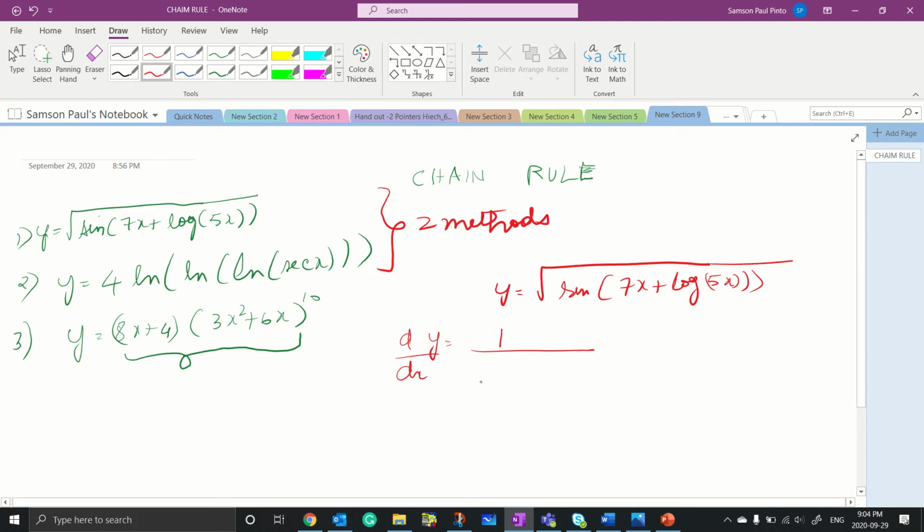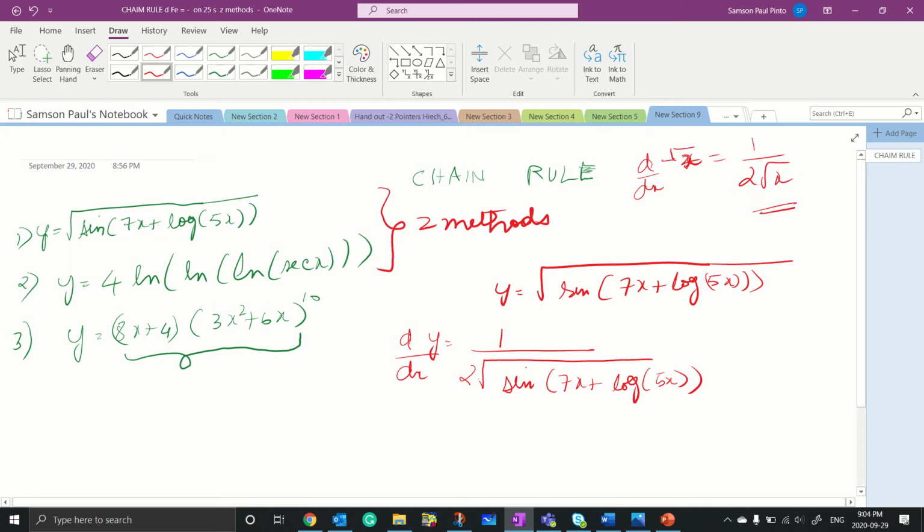So it is 1 by 2 root of sine 7x plus log of 5x. I directly use the differentiation formula for root x, which is 1 by 2 root x, and imagine this term as u.